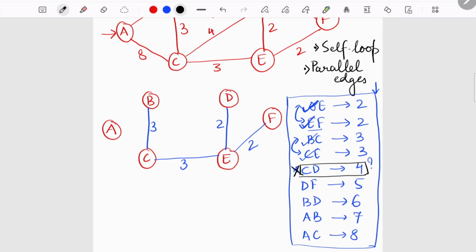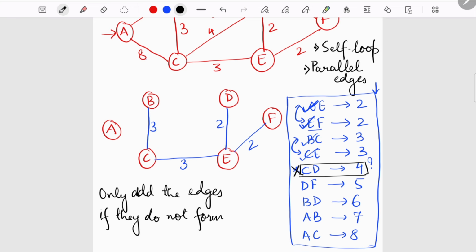And we can only add the edges if they do not form a cycle.